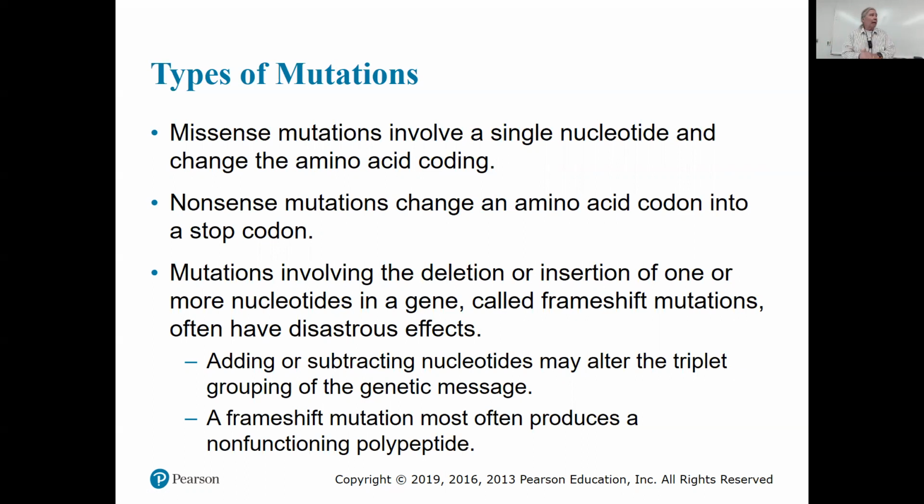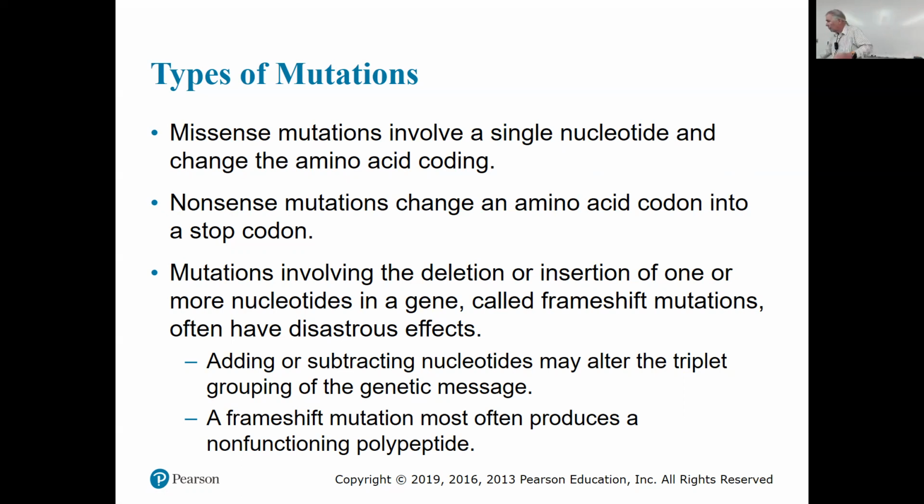Remember, we talked about making those DNA evolutionary trees, those relationship trees. That's what they use, these neutral mutations that change the DNA but don't change the protein that's coded for by that DNA. And like I said, they happen all the time.